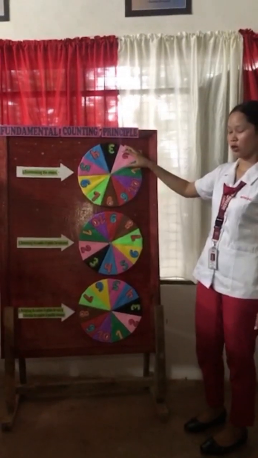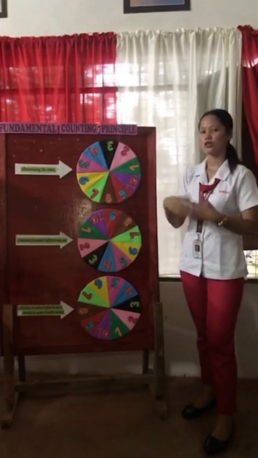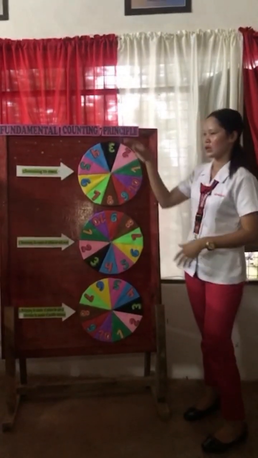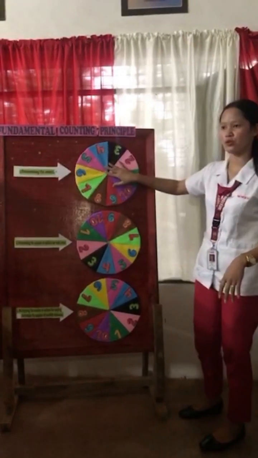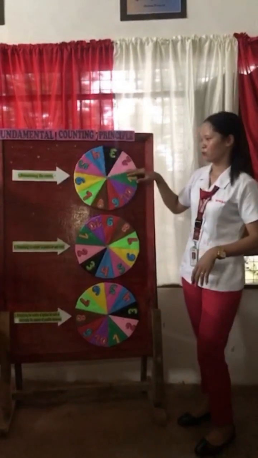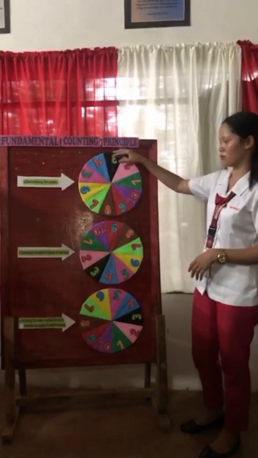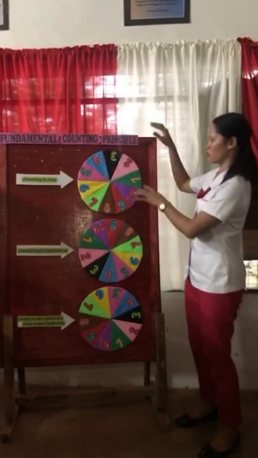For example, in a real life situation, in your breakfast, suppose you're given a chance to choose what you will eat for breakfast. For example, the first wheel will represent the main dishes.